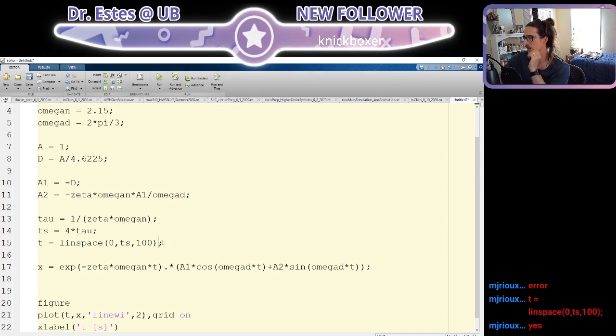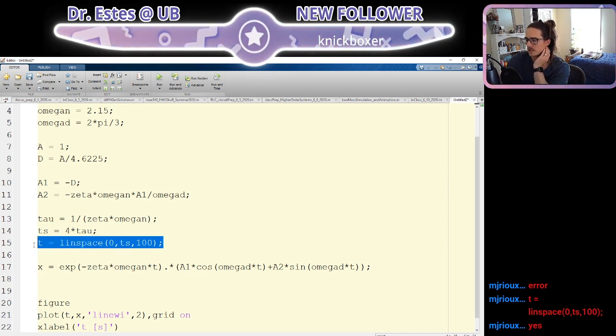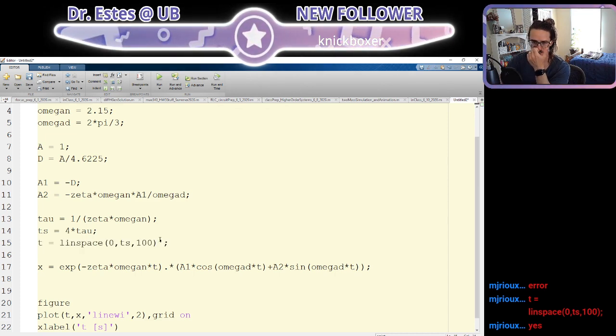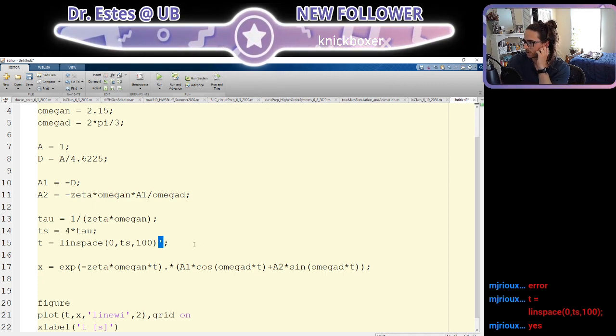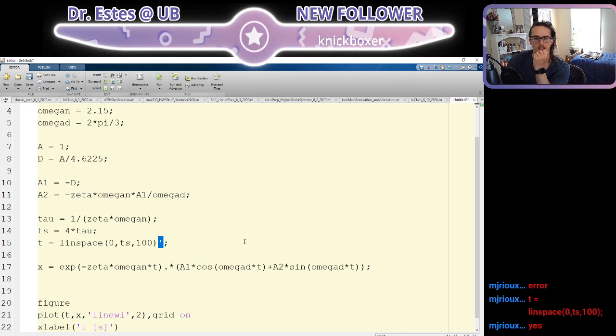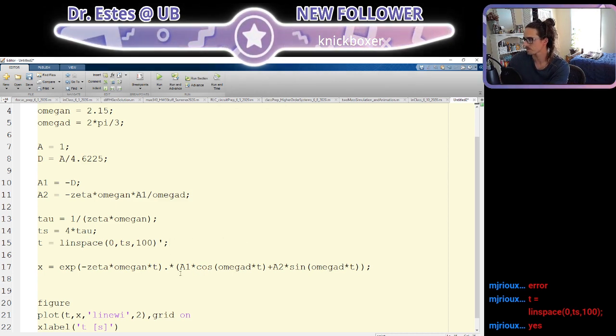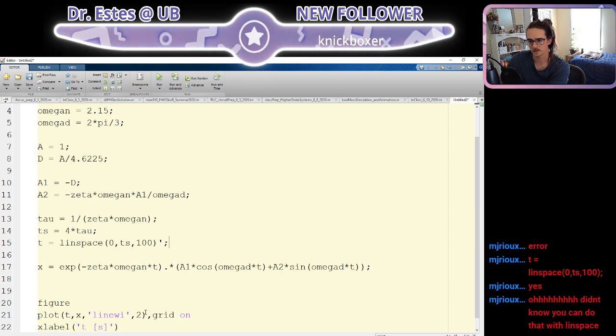If you leave this off, linspace makes a row vector. If you put this apostrophe, it takes the transpose and turns it into a column. A lot of times I like to work with column vectors for different reasons. So that's the only reason I put that. It's not an error, it's just a matter of preference. Didn't know you can do that with linspace. Yes, you can.